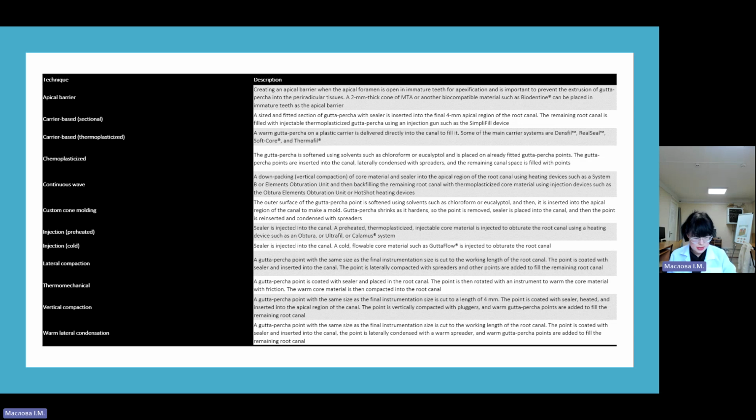It demonstrated superior sealing to a conventional zinc oxide eugenol sealer and exhibits bioactivity when in contact with physiological fluids.